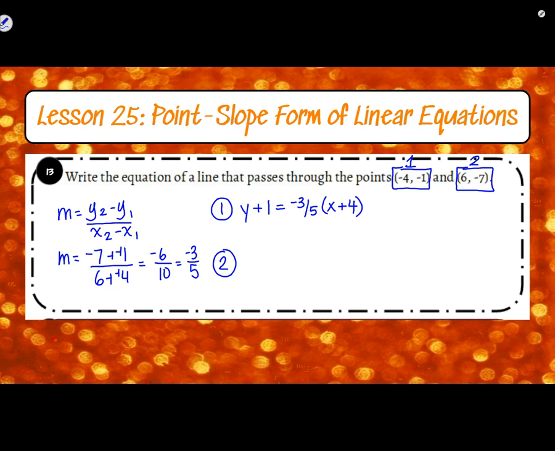The second equation is going to look a little bit different. Y minus -7 would make that a +7, equals -3/5 x minus 6. So they look very different. The only thing that they seem to have in common is the slope. But if you give me a second, I'm going to show you that they're the same.